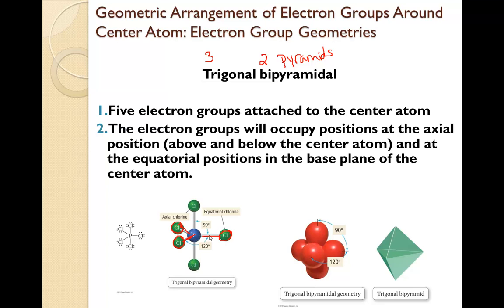They're the ones coming out. And there's 2 attached to the axial going up and down. If we look at that as a 3-dimension, you can see how it kind of forms a pyramid, which is right there. And so there's 2 pyramids. There's one on the top and one on the bottom, and that's where they get the name of bipyramidal. So trigonal, the 3 atoms, bipyramids being 2 pyramids. So there's 5 things coming off of it total.